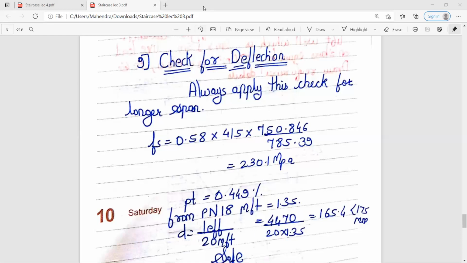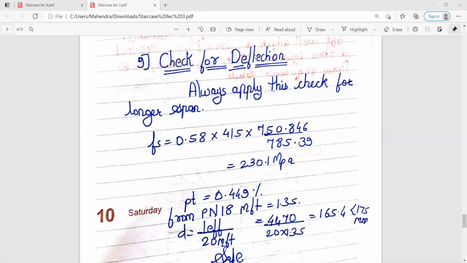So the formula to calculate the tensile stress is 0.58 into Fy into AST required upon AST provided. So this formula is from the page number 38 of your IS 456-2000. So 0.58 Fy, that is grade is given to you, that is 415.